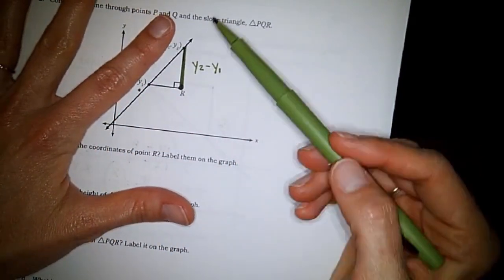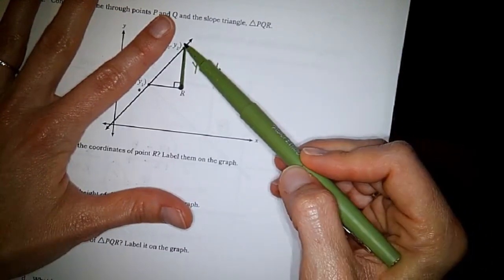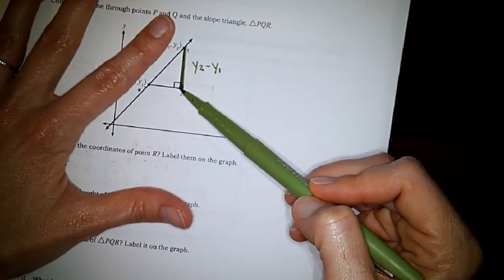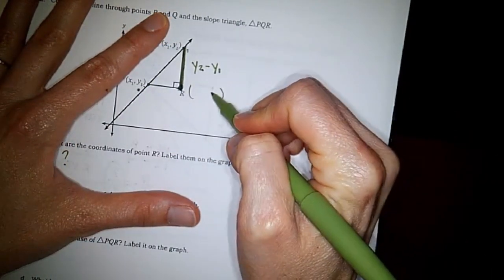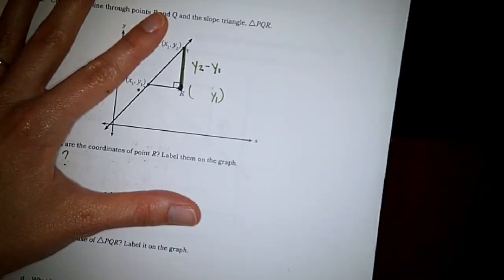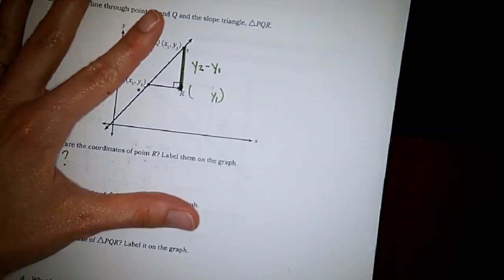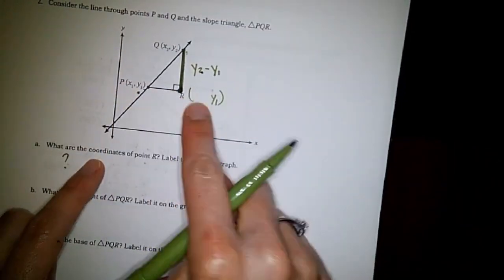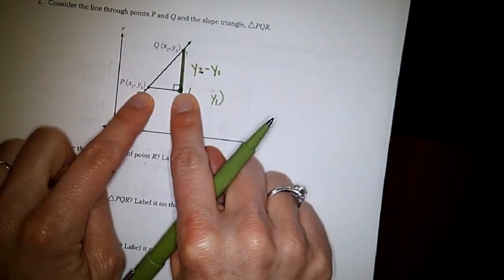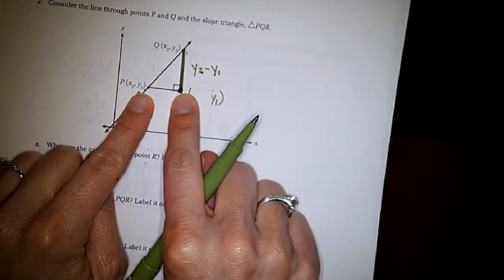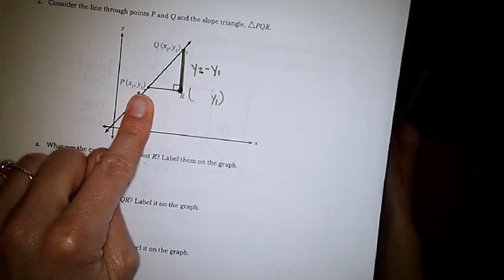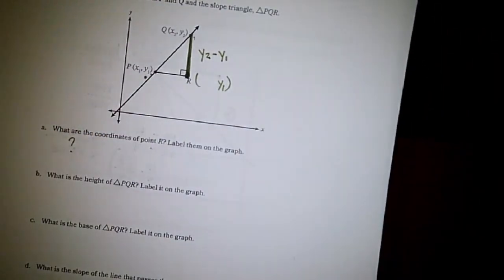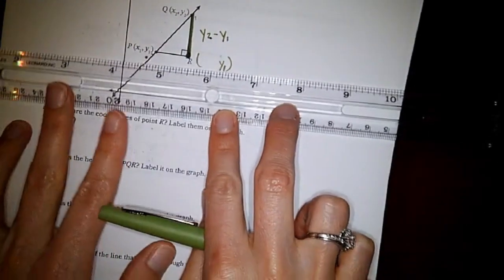So if we're at y2 and we subtract y1, where is my y value? y1. It's in the same spot, is it not? This dot right here is in the same spot on the y-axis as this one. Yes? Same y value, right?